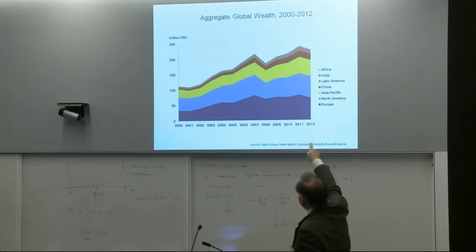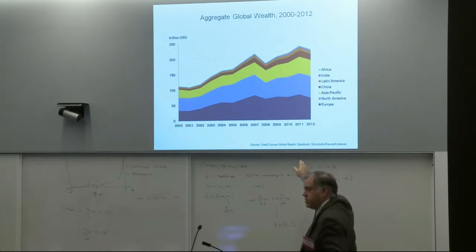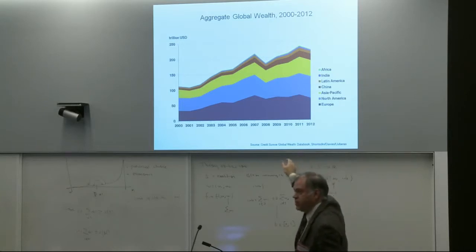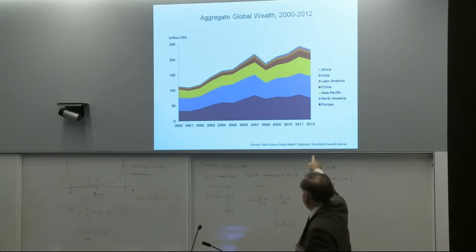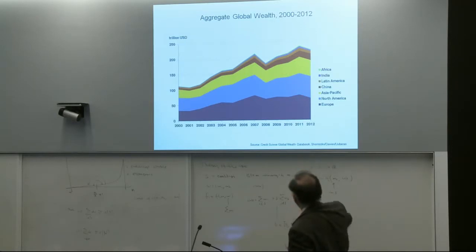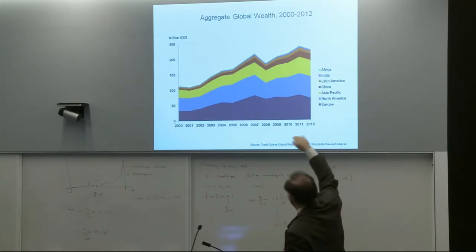The decline from 2011 to 2012 is basically an exchange rate phenomenon. The US dollar went up over that period. The 2012 number is, by the way, for the middle of 2012, like the end of June. So this little decline at the end is, if you use constant exchange rates, actually level.